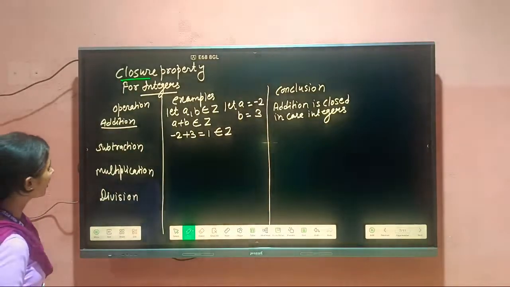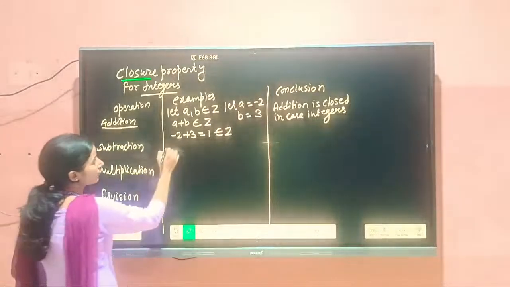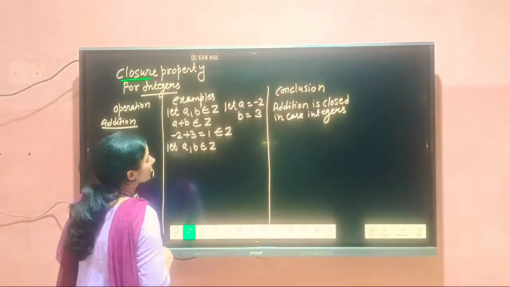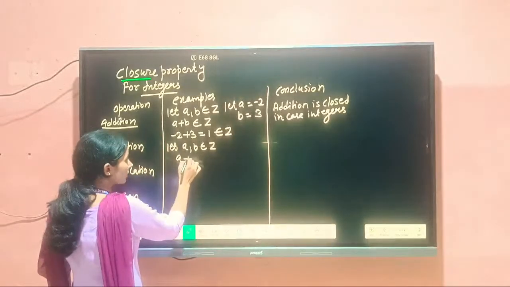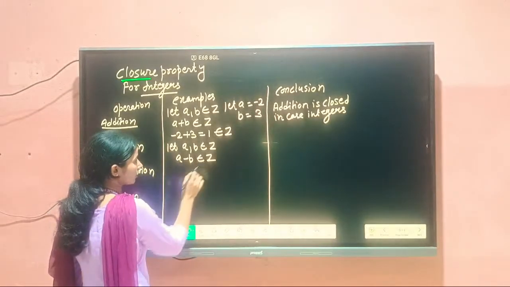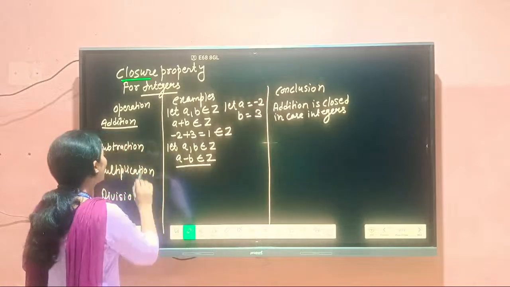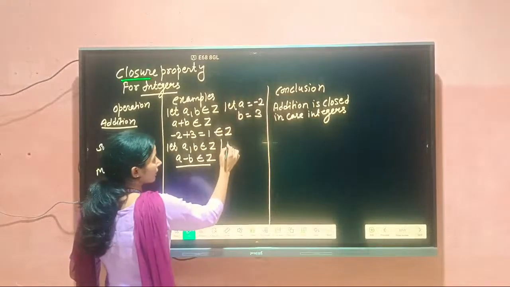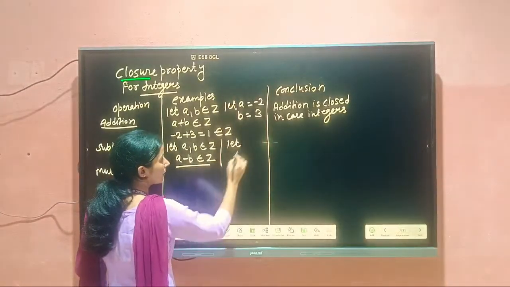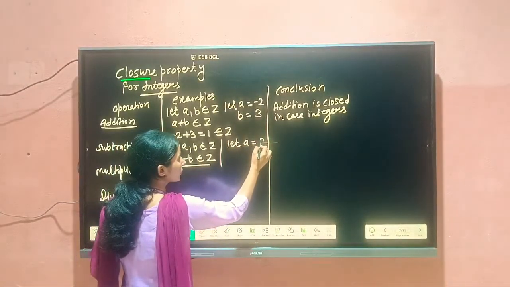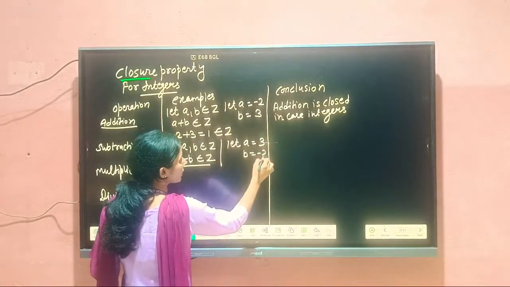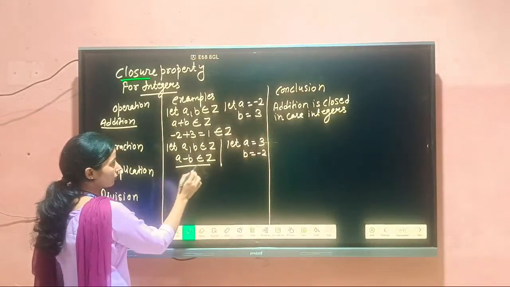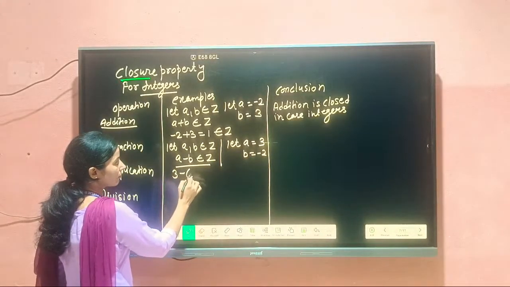Now the same property under the operation subtraction we will discuss. Let A and B belong to integers, and then their subtraction again must belong to integers. If it is so, then we can say subtraction is also closed in case of integers. Let us verify by taking a particular example. A equals 3 and B equals minus 2. Then A minus B: A is 3, B is minus 2.